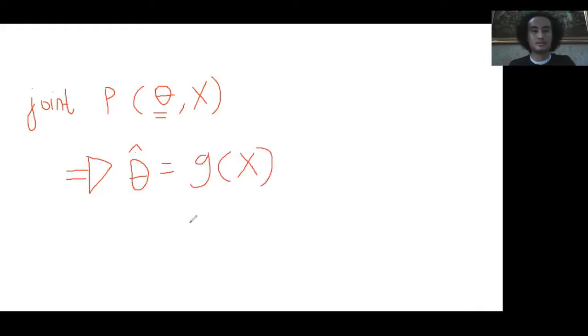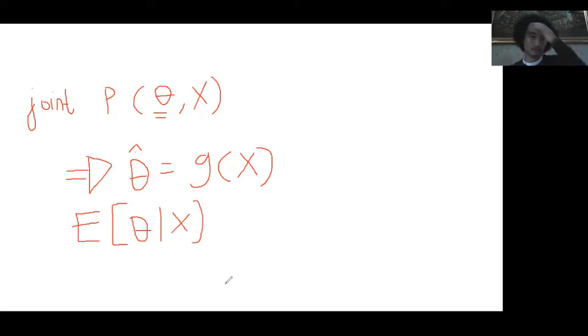So the calculation here will become this estimate, the expectation of theta in condition of x is equal to theta-hat. Sorry, the theta with the hat sign here.